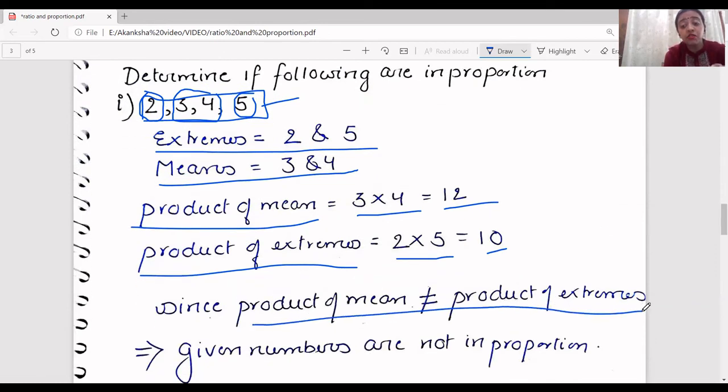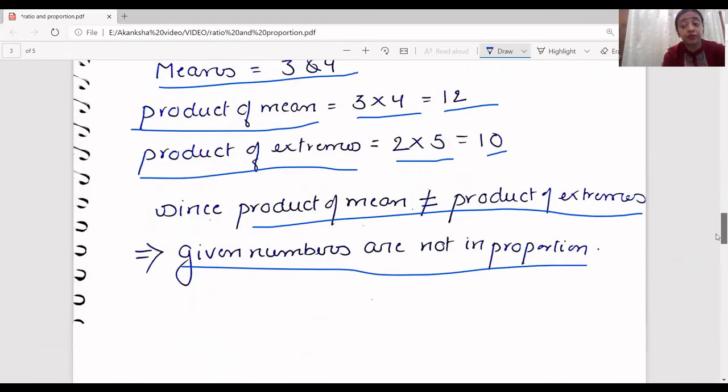Since here they are not equal, the given numbers are not in proportion to each other. I hope you've understood. This is very simple. Whenever you are given 4 numbers and asked whether they are in proportion or not, you have to understand what are extremes and what are means. Find the product of extremes and the product of means. And if the product of means and the product of extremes are equal, then you can say that they are in proportion.